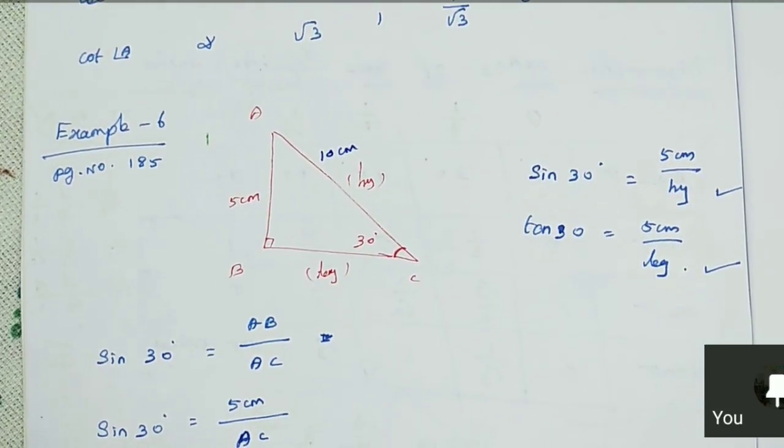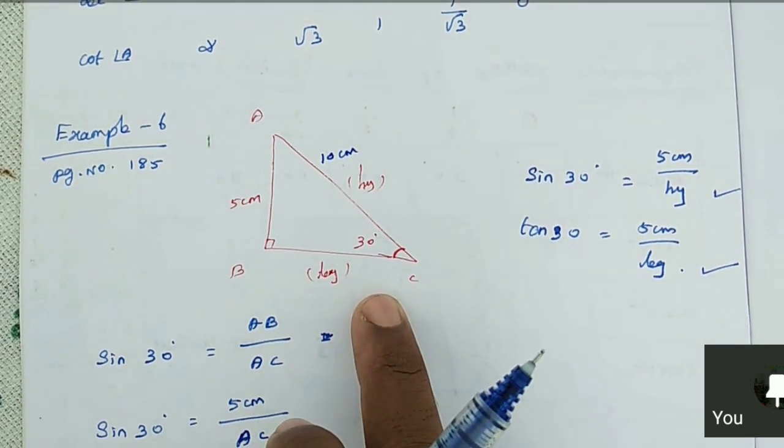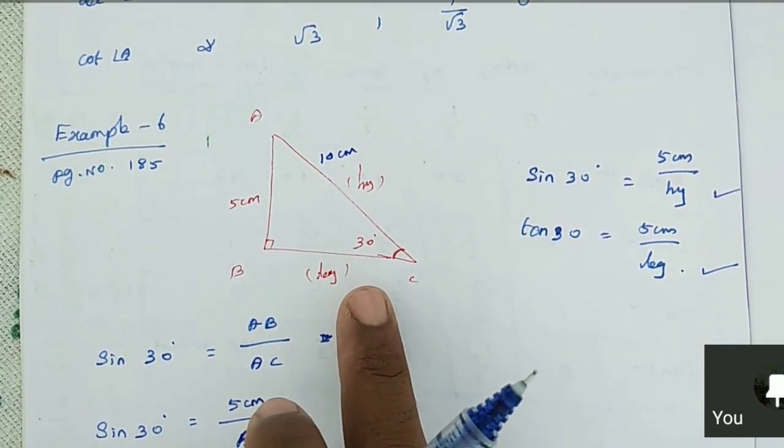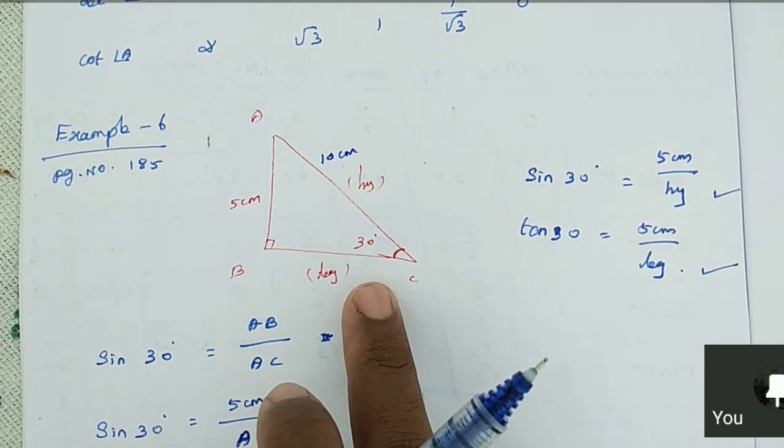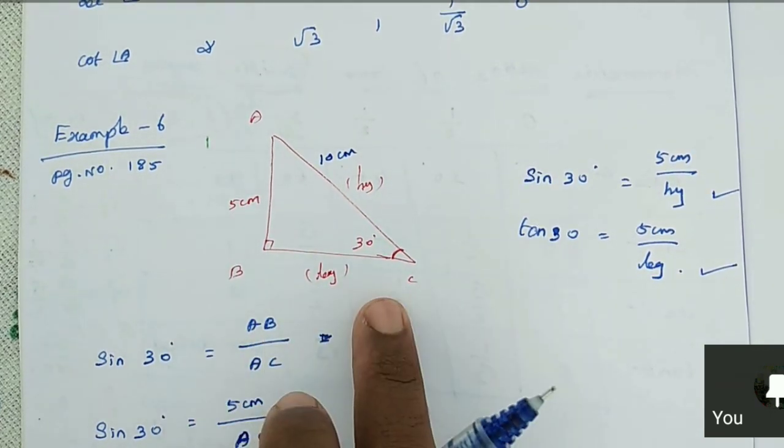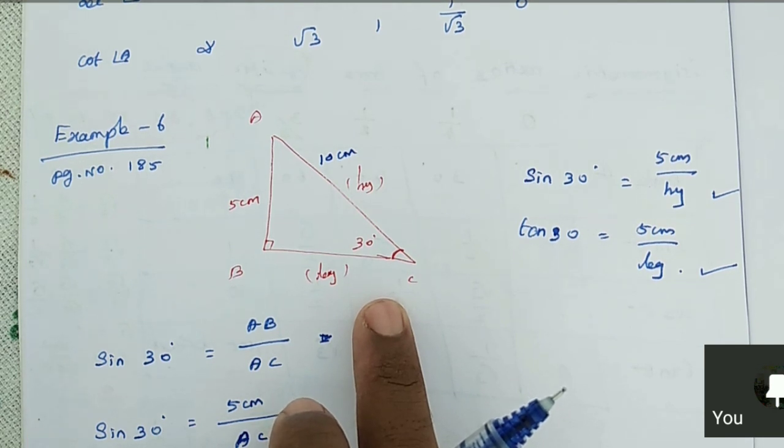Okay. Next, we need to find the remaining one side, which is the leg, BC. In the previous session, when they given two side measures, we were able to find the remaining measure by the Pythagoras theorem.